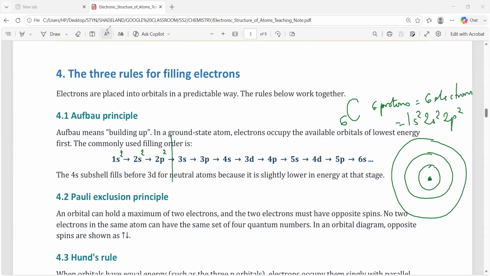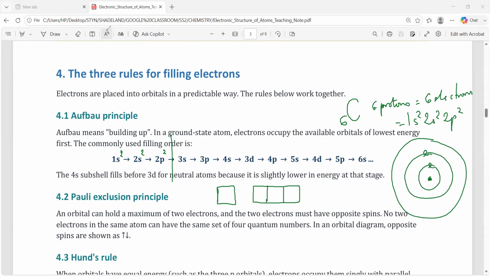You may have an electron here and another electron here. Are you with me now? These 2 electrons are on the same atom, but they are not on the same shell. Do you agree with me? Then, on that second shell, we have the s orbital and we have the p orbitals.